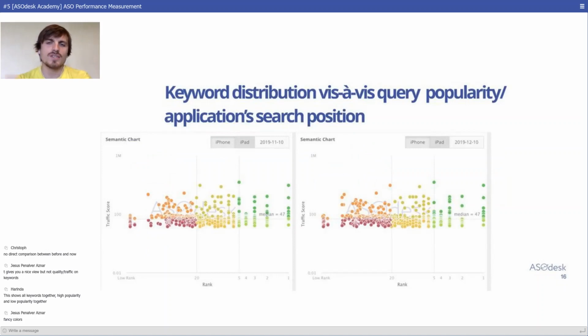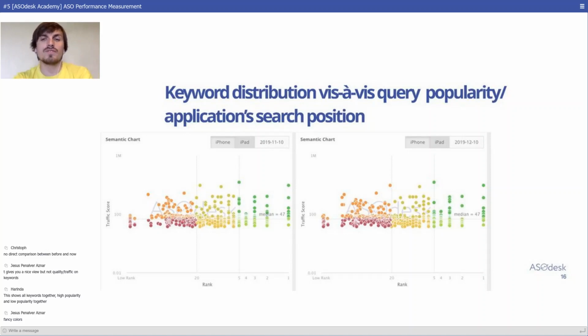So this is a so-called semantic chart. This is a keyword distribution vis-a-vis query popularity and application search position. In this chart, we again see visibility zones.